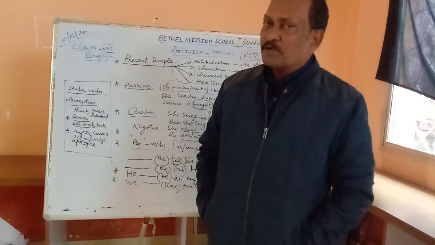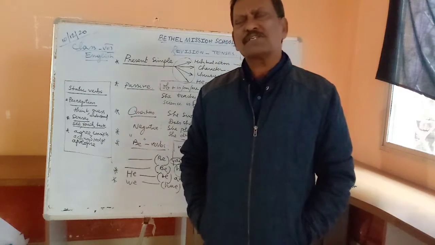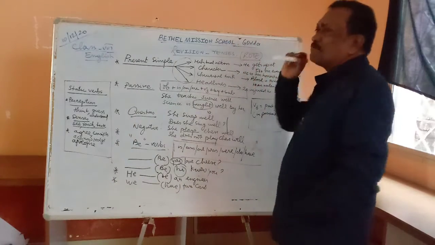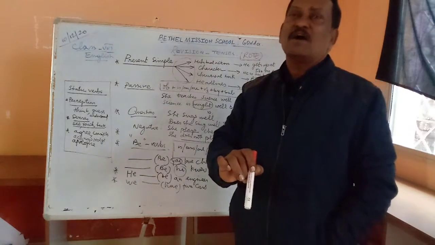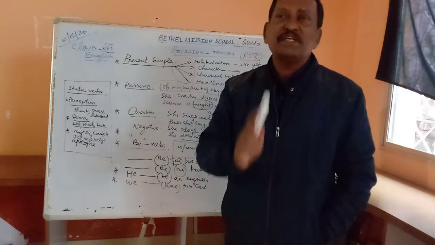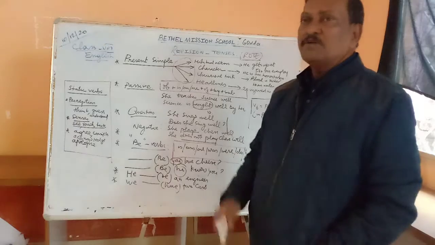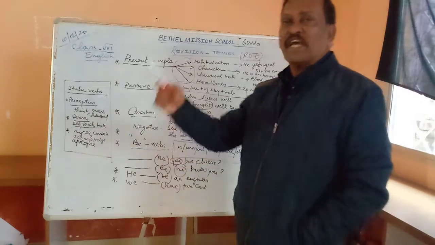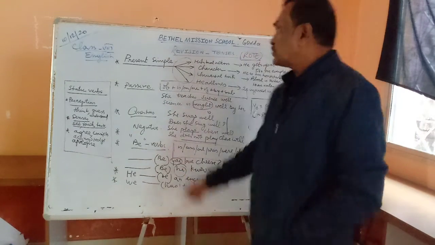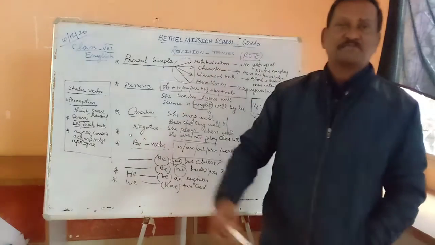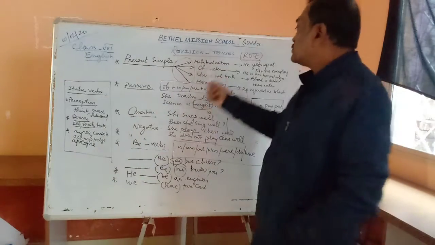So what is a habitual action? A habitual action is that kind of an action which you perform every day. It's an everyday basis usage. For example, you get up at 5:30 every day. That's your habit. So that is a habitual action. You do it on daily basis, every day. There is no change in that.